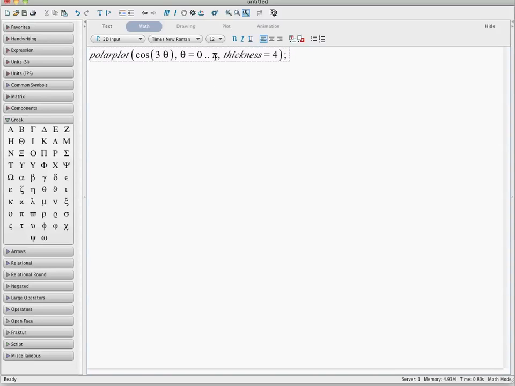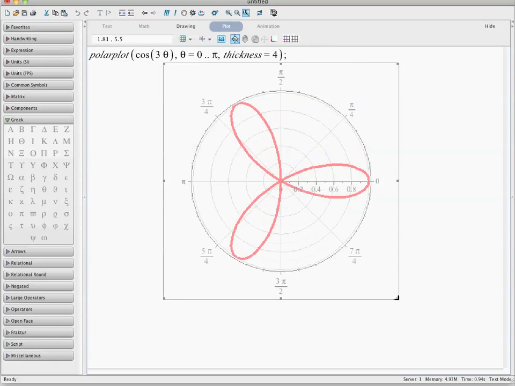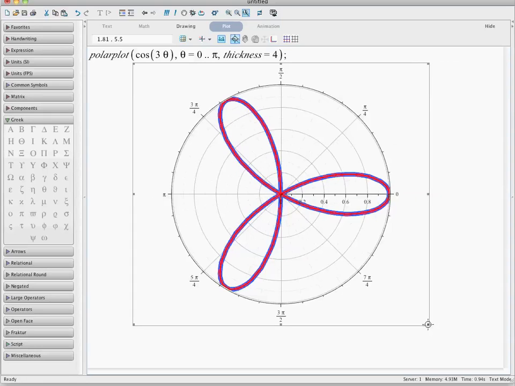So there's my rose curve. Can make this a little bit bigger. Okay, what do I have? When theta equals 0, I'm here. The radius is 1, which is right there. So I'm talking about this point right here. And looking at the graph, it seems extremely plausible that the tangent line is in fact vertical, which is exactly what our calculation showed.